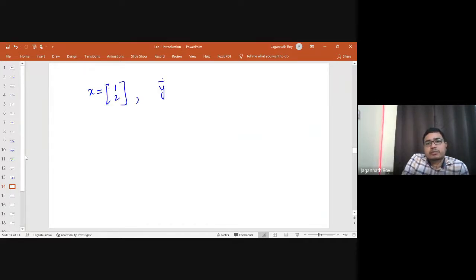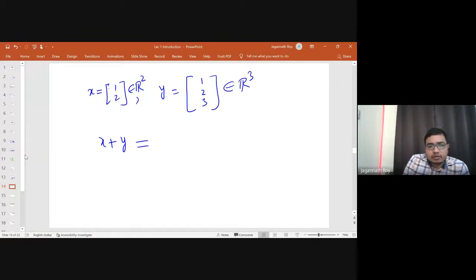But if you have another vector 1, 2, 3, so this is a member of R2. This is a member of R3. So x plus y, this cannot be done. x plus y is not possible.